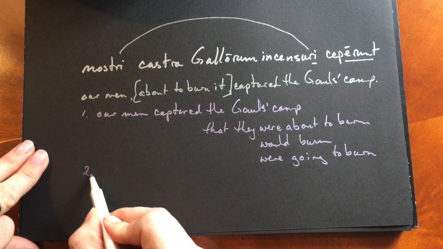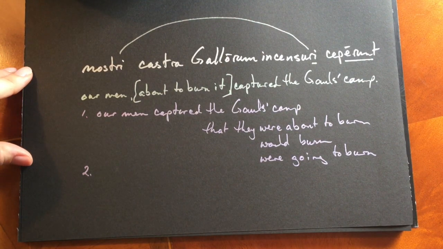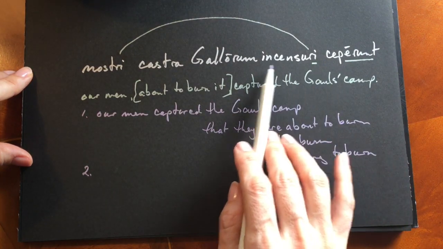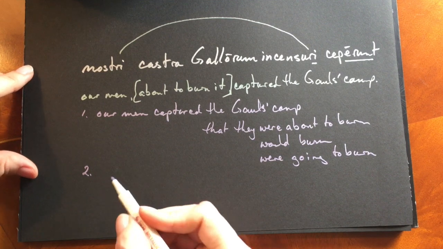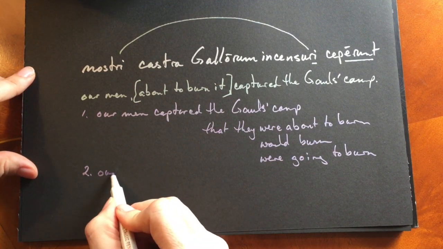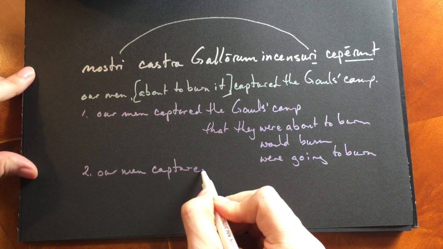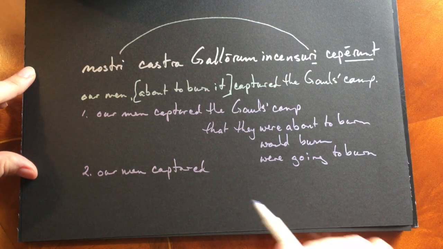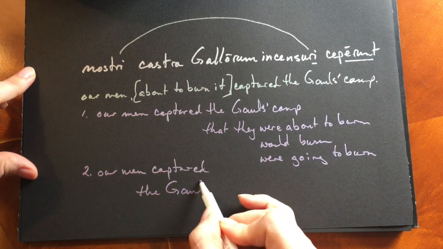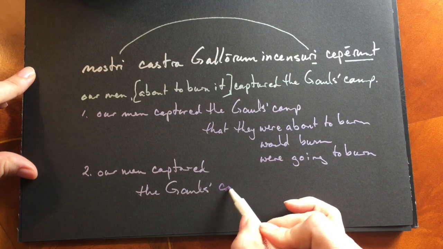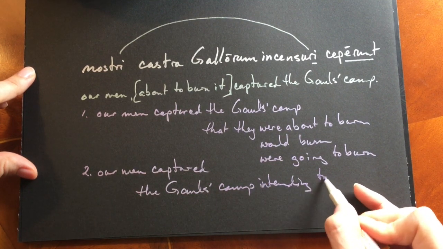Another way to express Latin future participles in English is the idea that this is an intention. So we can say, our men captured the Gauls' camp, intending to burn it.